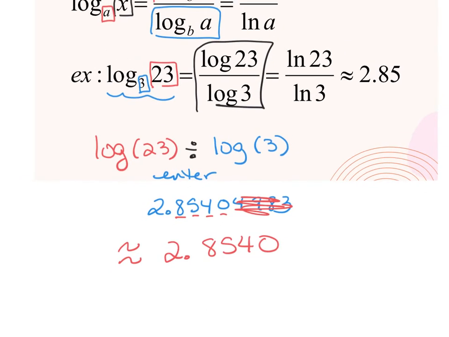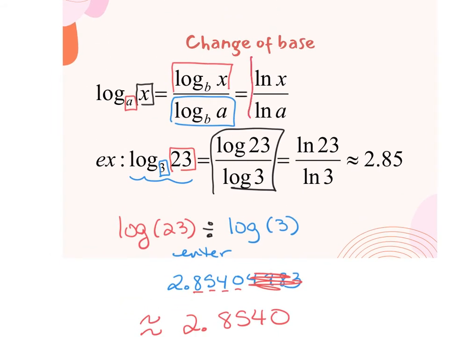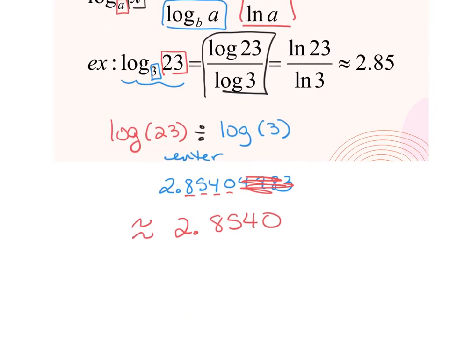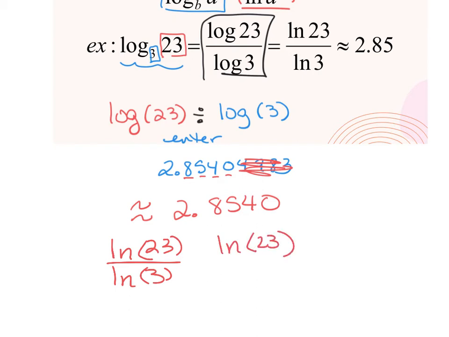So now you can also, notice the formula here, you can also use the LN button. Now, whatever you commit to, so if you decide to do LN 23, then you also have to do LN of 3. So again, you would do the same thing, LN 23 divided by ln of 3, and you're still going to get the same answer.